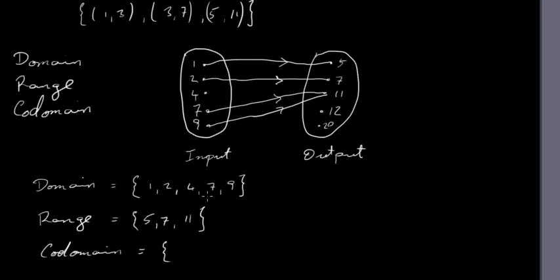Well, these are all our possible outputs here: 5, 7, 11, 12, and 20. So that's our domain, our range, and our codomain. Okay. So they're just some definitions that you'll come across when you're dealing with functions.